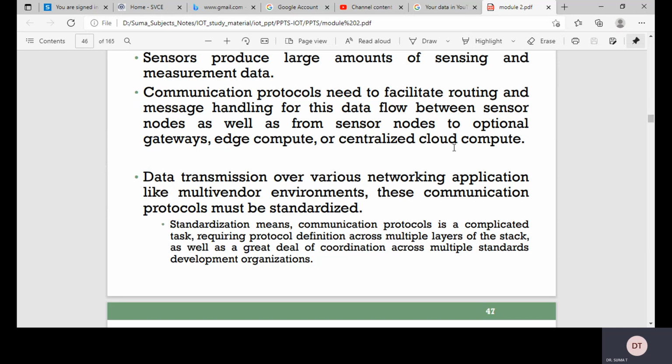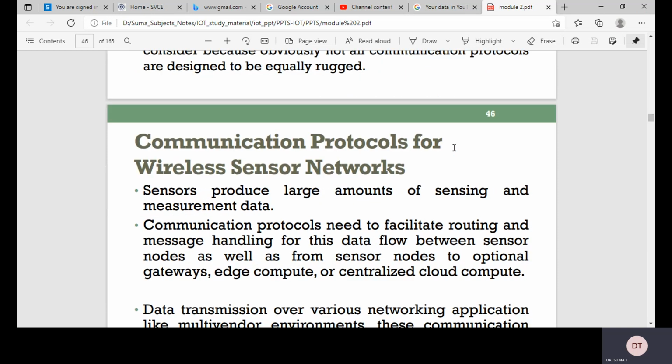These communication protocols need to facilitate routing and message handling for the data flow between the sensor nodes, as well as from sensor nodes to optional gateways, edge compute, and centralized cloud computing devices.